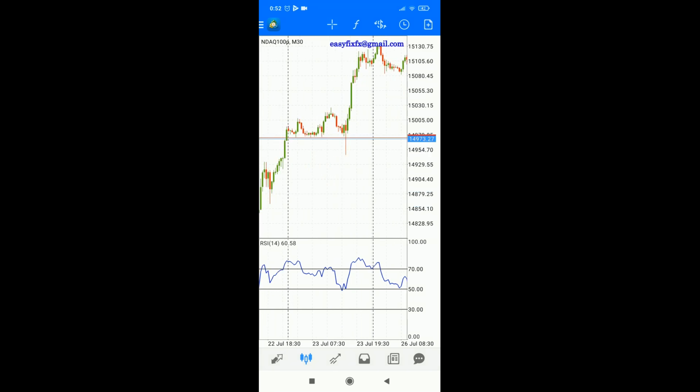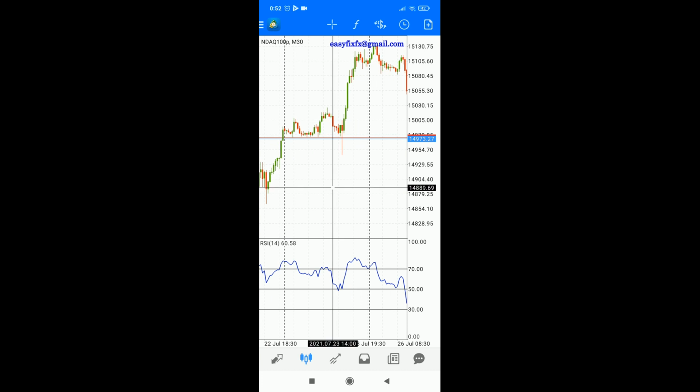Another thing with this strategy is that it usually happens on a breakout. So you can see in this example here, we had a high over here and we had a low down here. As soon as the RSI went above the 70 level, price broke out of this box, or this breakout zone.